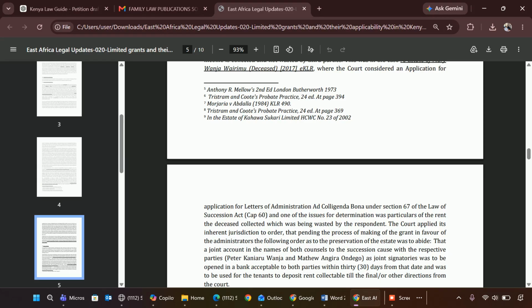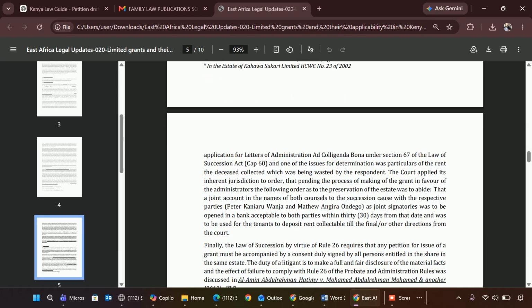And one of the issues for determination was particulars of the rent the deceased collected, which was being wasted by the respondent. The court applied its inherent jurisdiction to order that, pending the making of the grant in favor of the administrators, the following order as to the preservation of the estate was to abide: that a joint account in the names of both counsels to the succession cause, with the respective parties as joint signatories, was to be opened in a bank acceptable to both parties.